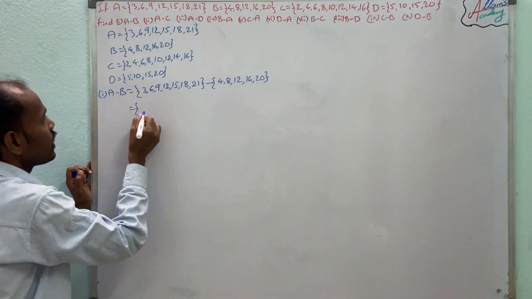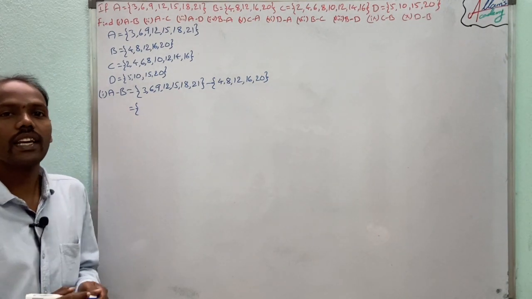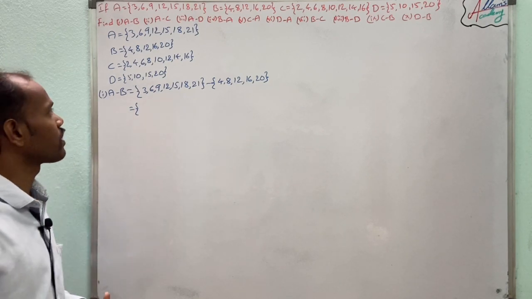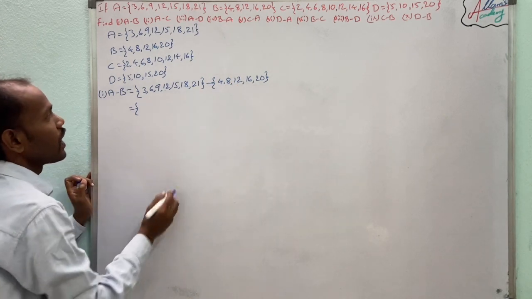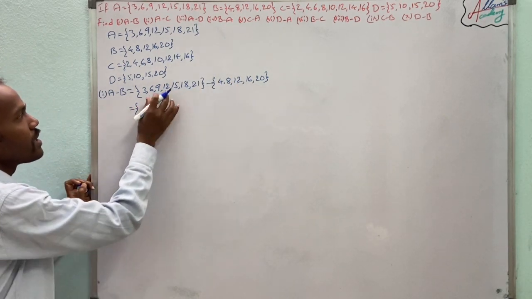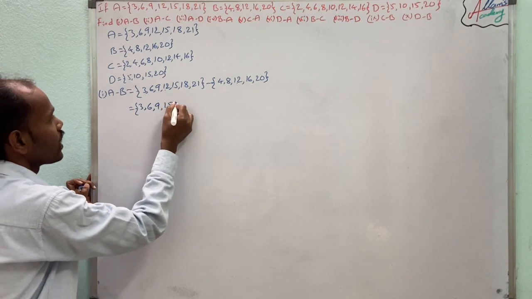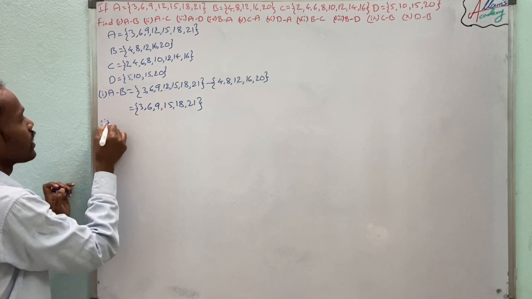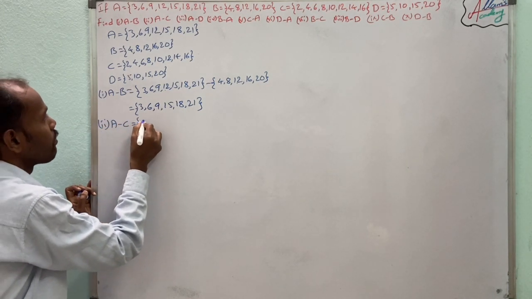Here we neglect the common elements and keep the remaining elements of the first set, because we are finding the difference of the sets. The common element is only 12. The remaining elements in the first set are 3, 6, 9, 15, 18 and 21. It is the answer for the set A minus B.